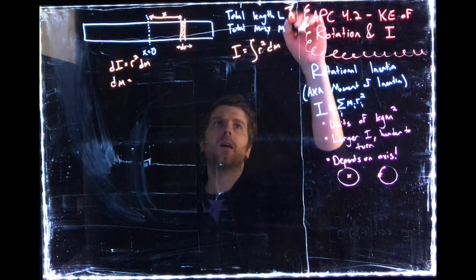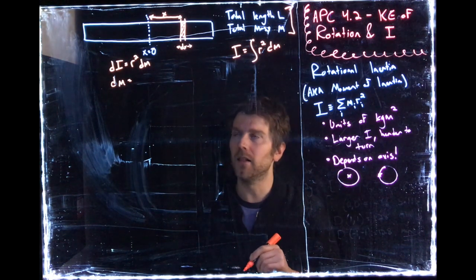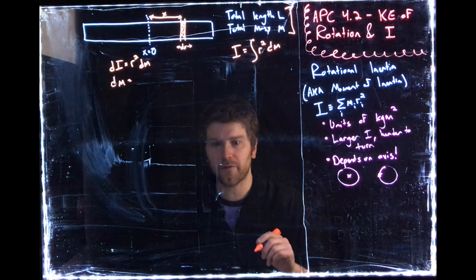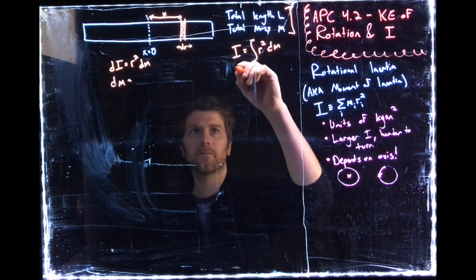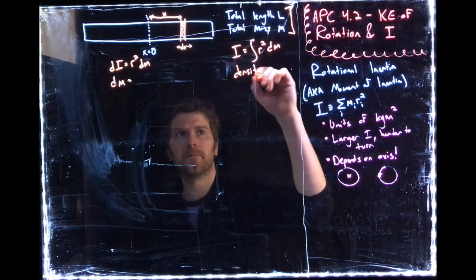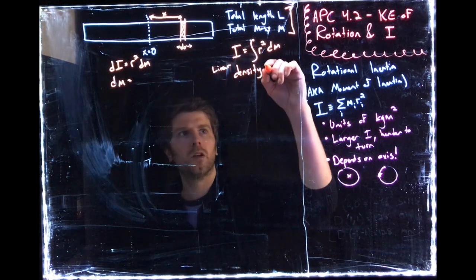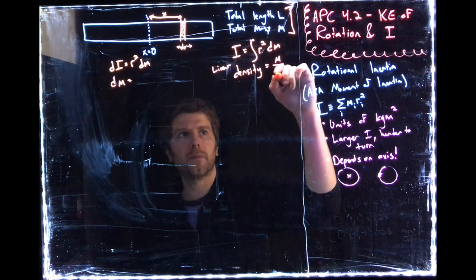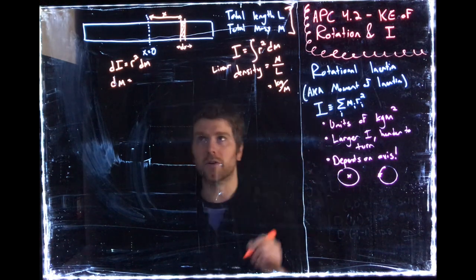Well, my thing has a total mass M and a total length L. So what that means is that for any little unit length, I actually have a linear density equal to M over L, kilograms per meter.